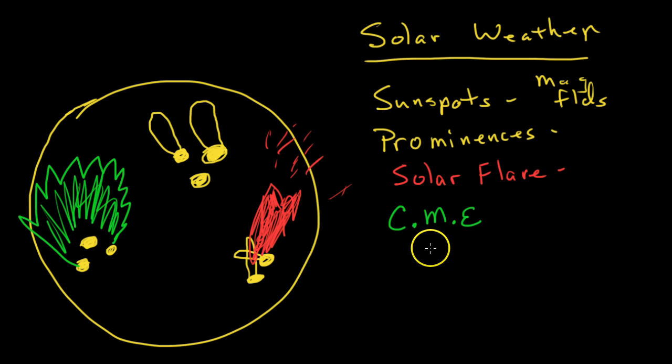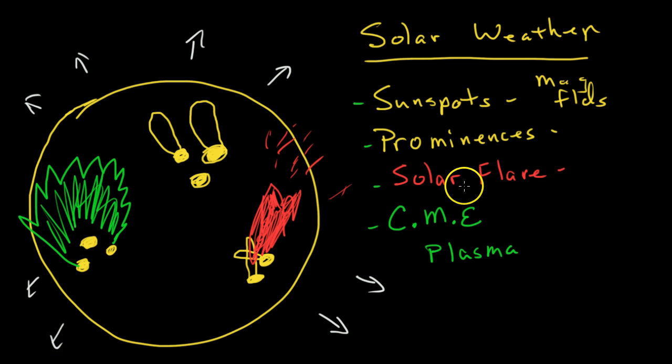CMEs actually shoot plasma out from the sun itself into space. But the point is that all these occurrences on the sun help to send out bursts of solar wind all over.